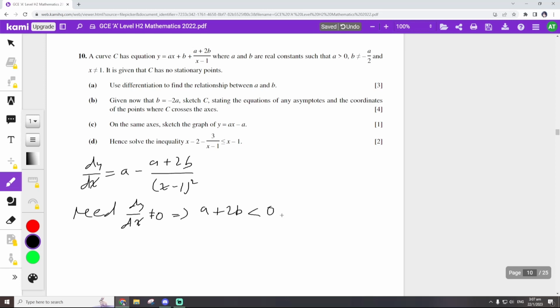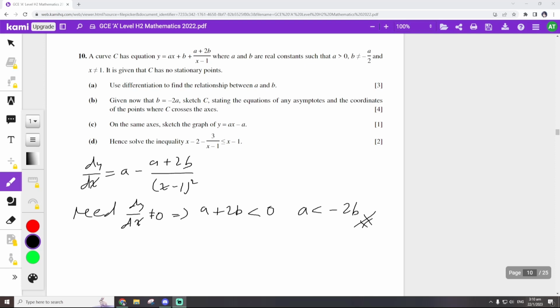So we need this to be less than 0, and from here we can obtain a variety of relationships. I could just leave it at that, and that would be a correct answer. But I could say a less than negative 2b, for example, is a possibility. There are many different equivalent ways to express the condition here.